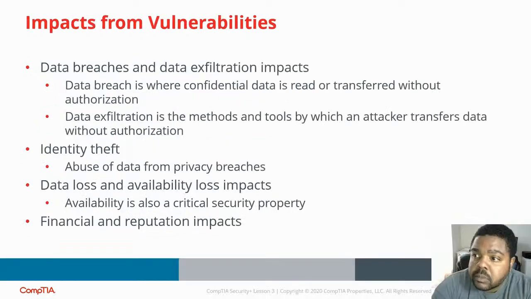Now, if we have those weak configurations and default passwords still in play, then we run a high risk of letting vulnerabilities be exploited. And these can lead to data breaches. So we all know, or we all have heard of data breaches and how companies have fallen victim to these type of attacks, but it's pretty much where confidential data is being transferred without someone's authorization.